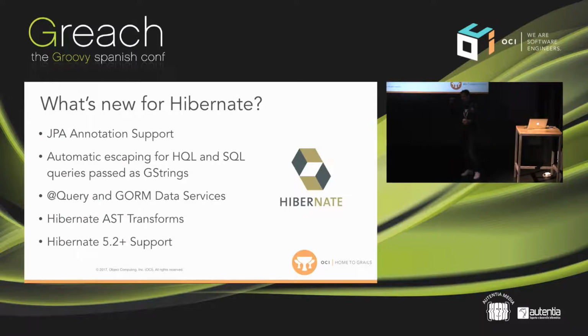So if you do book.find and you pass a JPA QL query or an HQL query, whatever you want to call it, it's a GString, we will automatically, just like Groovy SQL does, introspect the GString and transform it into named parameters, so that you don't make your applications vulnerable to SQL injection attacks or JPA QL injection attacks.